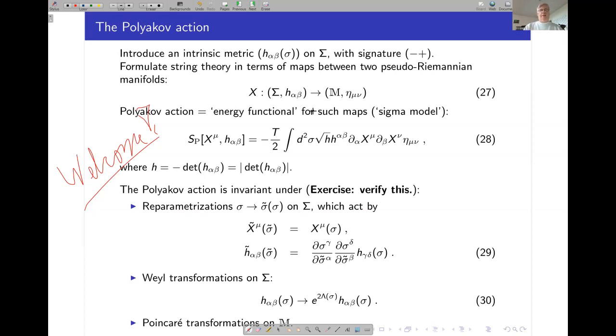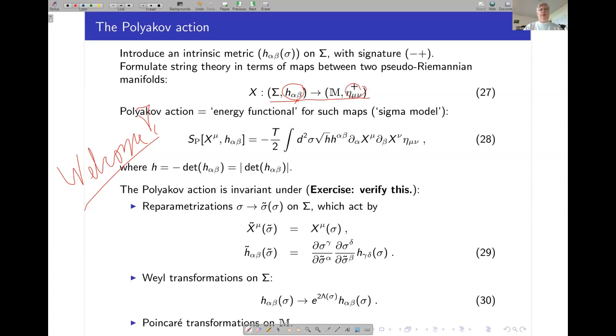So let us briefly review from the point where we introduced the Polyakov action, which is one of the ways to define a classical string theory. In the setup with the Polyakov action, we work in a setup where we equip the worldsheet with its own intrinsic metric, which is independent of the metrics that we have on Minkowski spacetime.